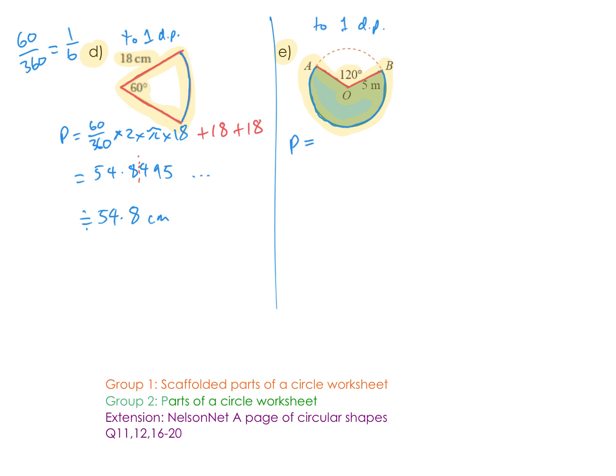Well, I know that the whole way around, the whole angle would be 360, but I'm missing this part. I'm missing 120. 360 take away 120 is 240. So my angle that I have is actually 240 degrees.